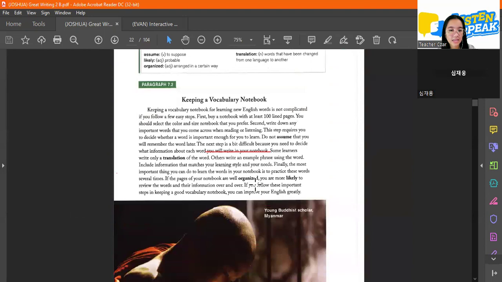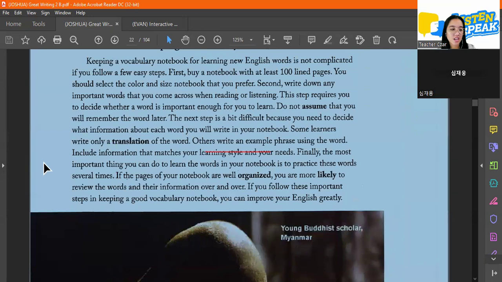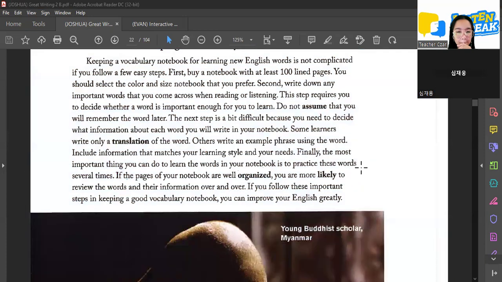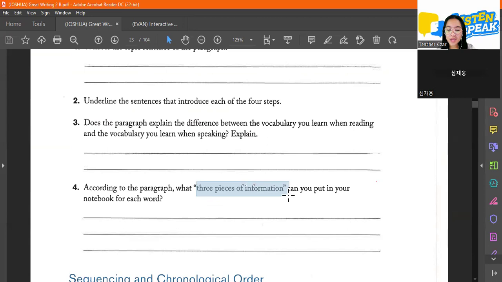Okay, can you find it? What are the 3 pieces of information that you need? The question again is, what three pieces of information can you put in your notebook for each word according to the paragraph?